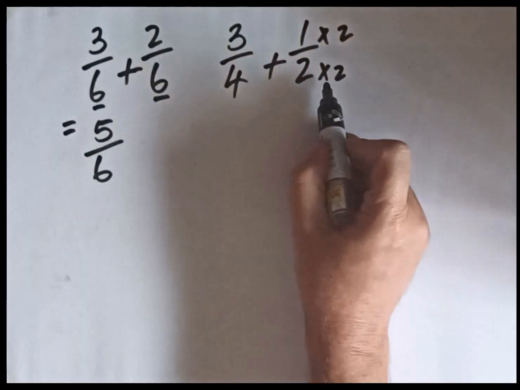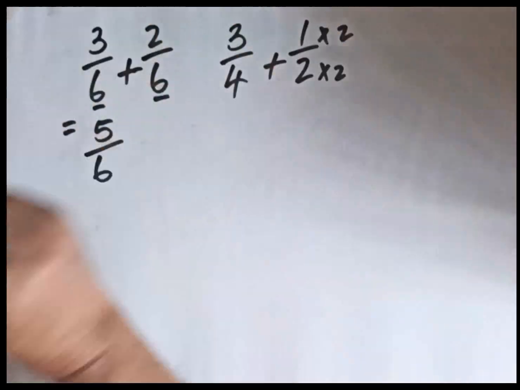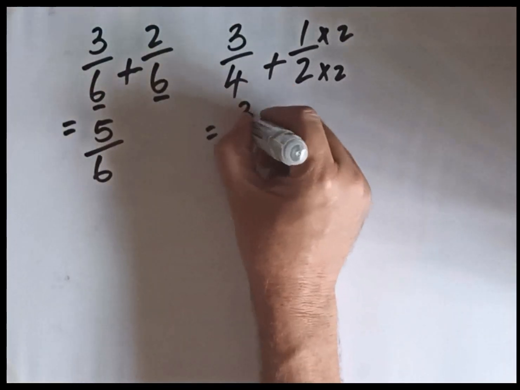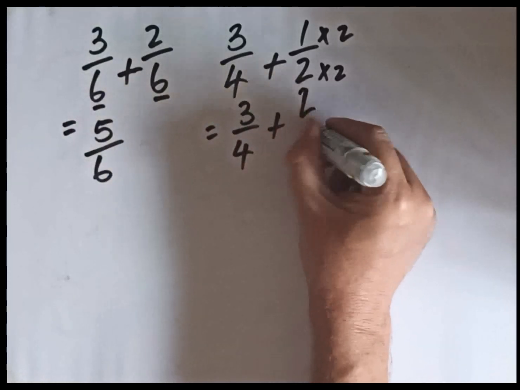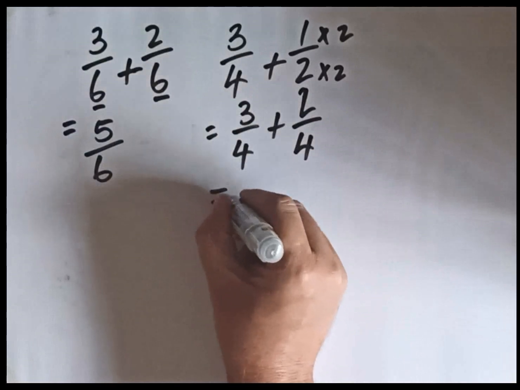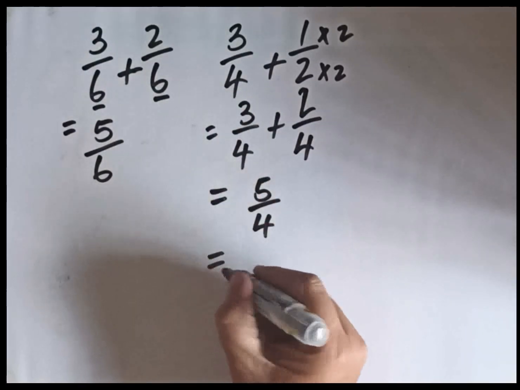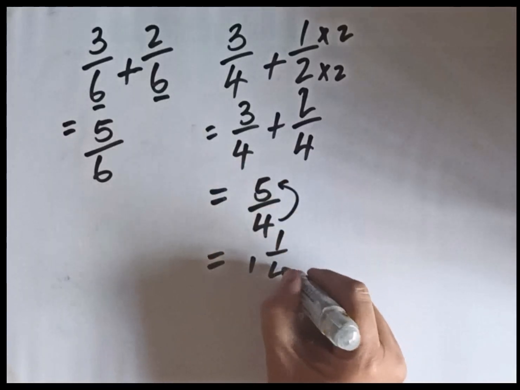Multiplied by 2, what you do at the bottom, you do at the top. So we just do the one side. Alright, and then that will give us 3 over 4 plus 2 over 4. Denominators are the same. We have 5 over 4. We simplify that and 4 goes into 5 once and we have a quarter.